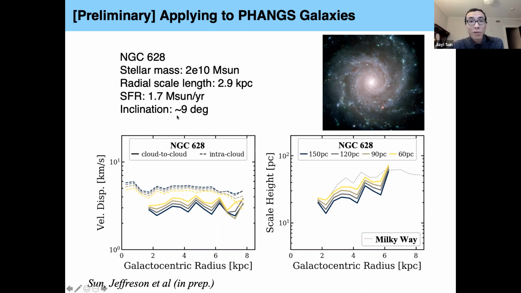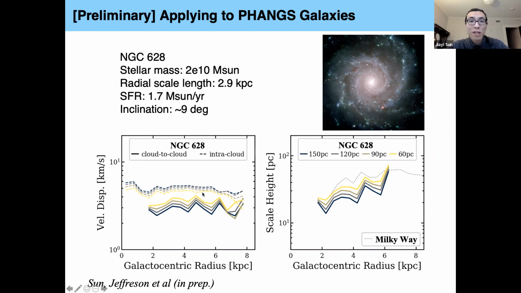And the inclination is very low. This means that we don't need to worry too much about the in-plane motion messing up our measurement. The left-hand side plot here shows you the radial profiles of the different velocity dispersions. The thick solid lines tell you the intercloud or cloud-to-cloud velocity dispersion. The dashed line tells you the intracloud.